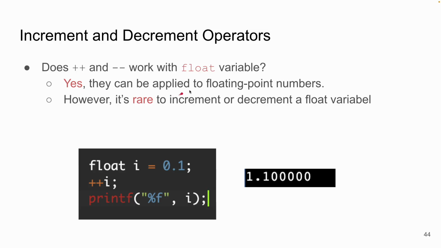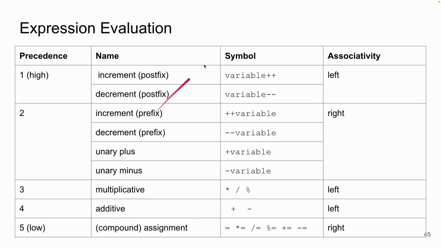We can also apply these two operators to floating point numbers, to float variables or double variables. It can also increment the floating point number by 1. However, it's weird to increment or decrement a float variable, so not many people do that, but you just need to know that we can do that.